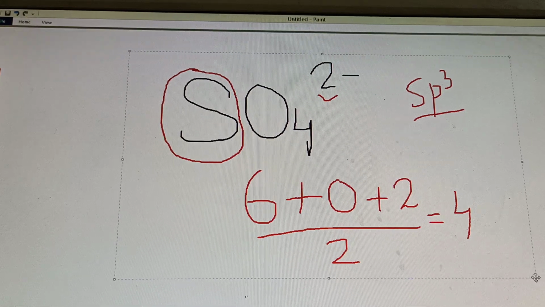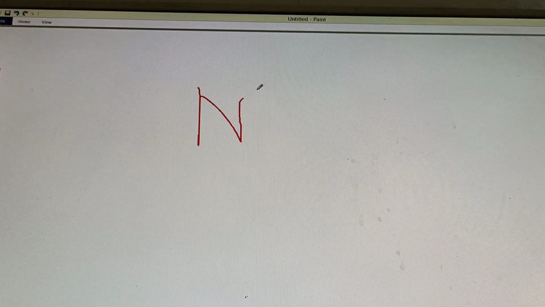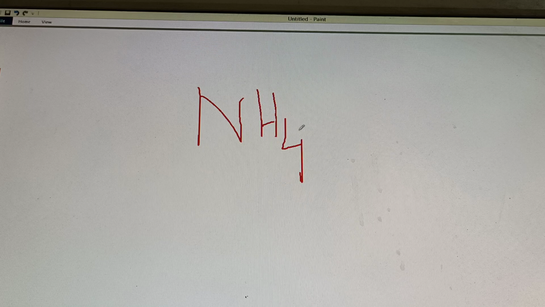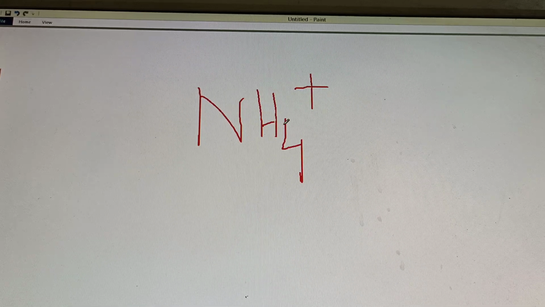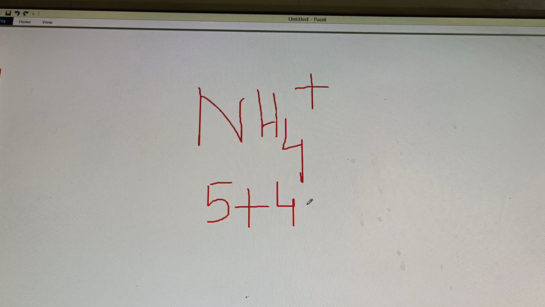Okay, next molecule, NH4 plus, the ammonium ion. So nitrogen, group 15, means 5 valence electrons. How many monovalent atoms attached? 4. Now as it is a positive charge, we have to minus 1, because 1 positive charge means minus 1, and 1 negative charge means plus 1.